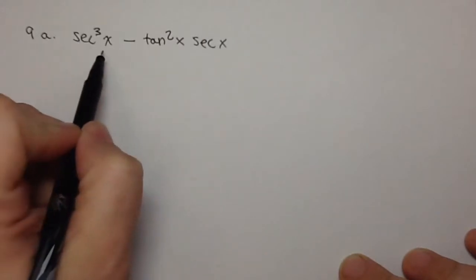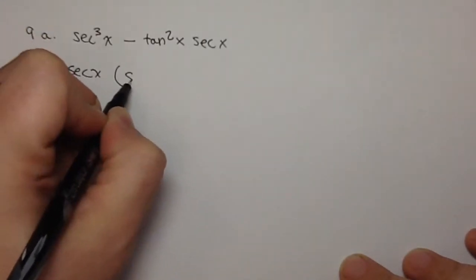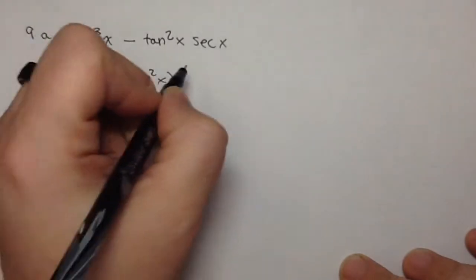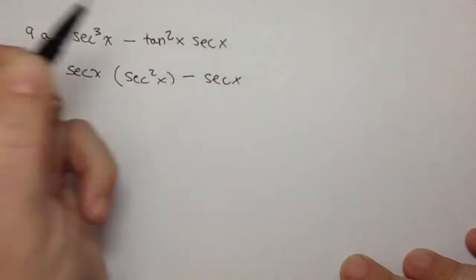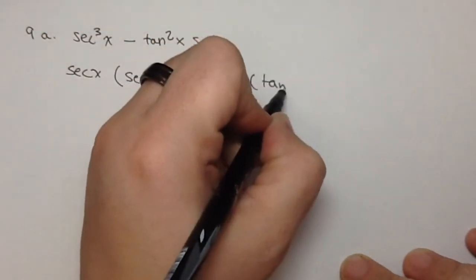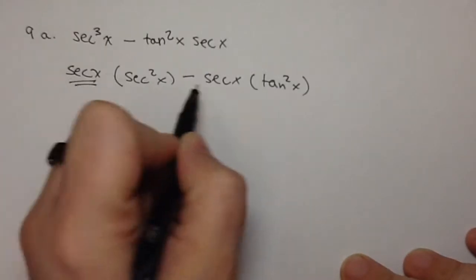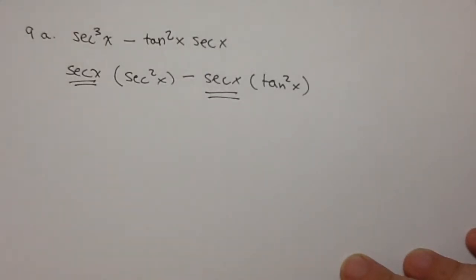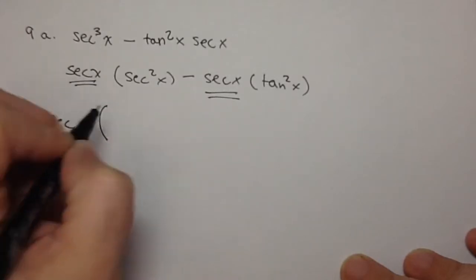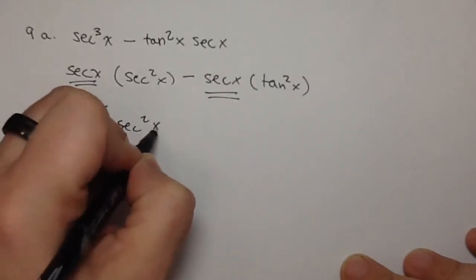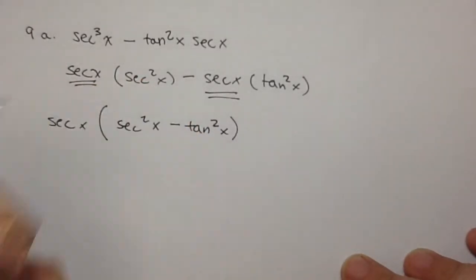And I can see that this is actually secant x times secant squared x minus secant x times tangent squared x. So we can take out secant as a common factor.